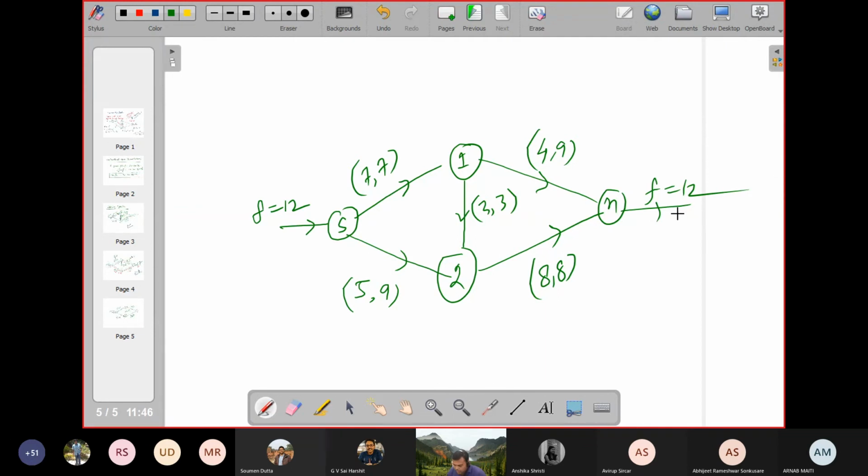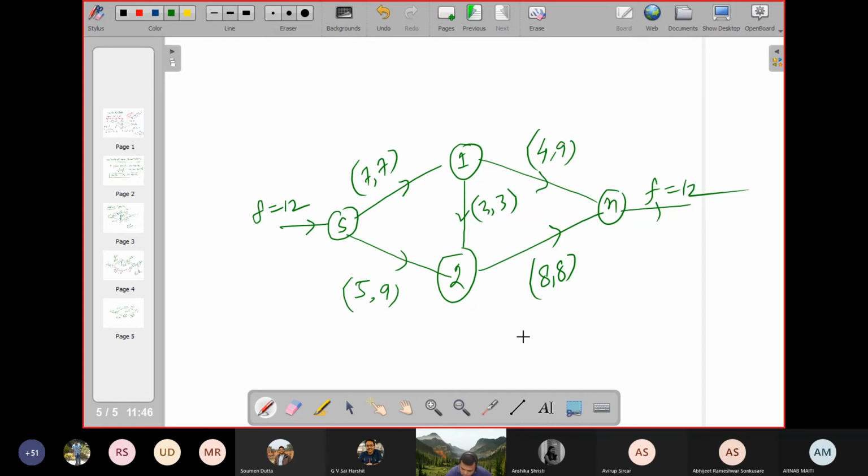So here, see, apparently it seems that, what is the augmenting path we will consider here, right? Not necessarily will you have to always consider an augmenting path with forward flows or with forward arcs. You can also have an augmenting path with backward arcs.